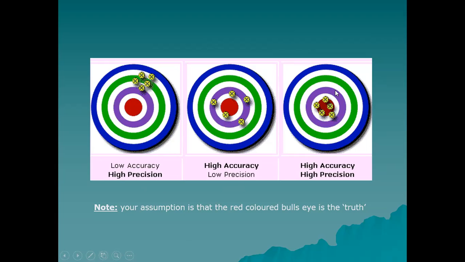Let's jump to the far right because I don't really like this middle diagram too much. Whereas at the same time, if we were to get all our dots here on the red dot, then we actually have a situation where we can describe high accuracy and high precision. However, if we had low precision, see our dots are scattered.